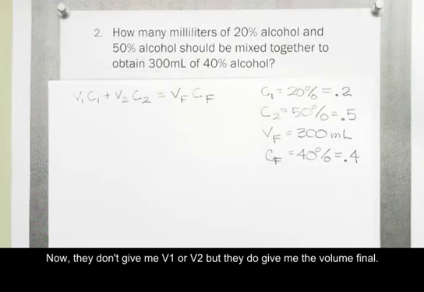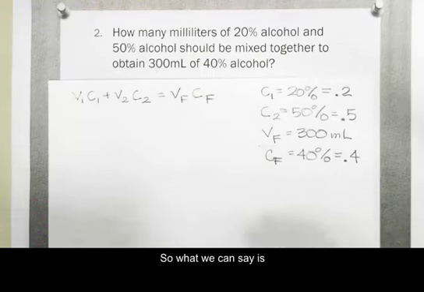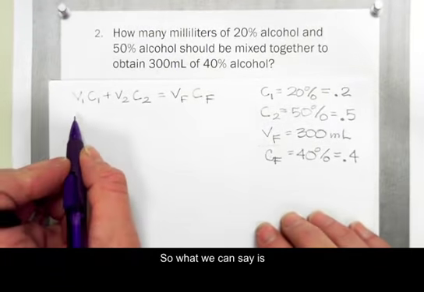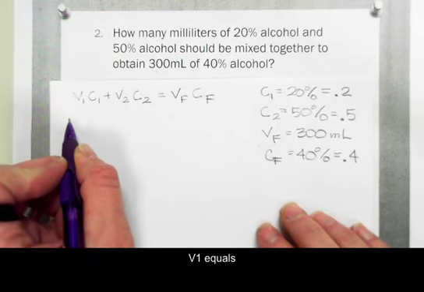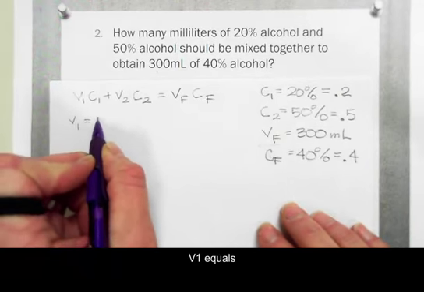Now they don't give me V1 or V2, but they do give me the volume final. So what we could say is V1 equals 300 minus V2, because the two of them add up together to be 300 milliliters.